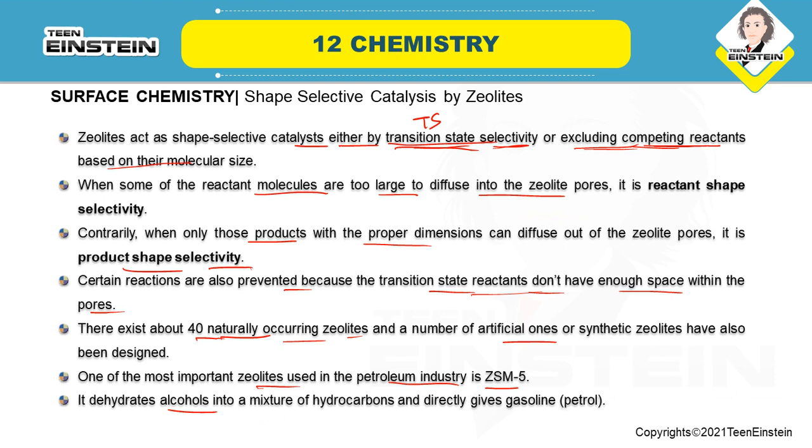But if there is dehydration, that is removal of water, it is converted to a mixture of hydrocarbons and directly gives gasoline. Gasoline is a mixture of aliphatic and aromatic hydrocarbons, with only carbon and hydrogen present. This is very important industrially, and this catalyst ZSM5 converts alcohol into a mixture of hydrocarbons.